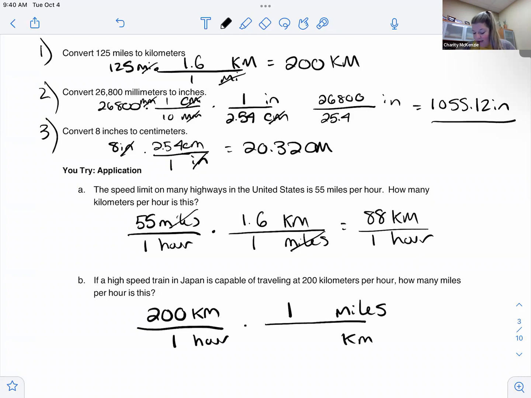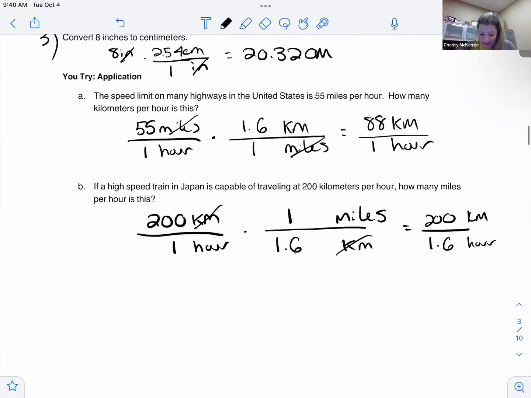And there's 1 mile and 1.6 kilometers. And then we go ahead and times across. These are the only ones that cancel. And then I get 200 divided by 1.6 for the numbers, and this is hour, and this is kilometers. So I'm at 1.6. I want that to be a 1, so I'm going to divide those together. So 200 divided by 1.6 is 125. So I get 125 miles per 1 hour.